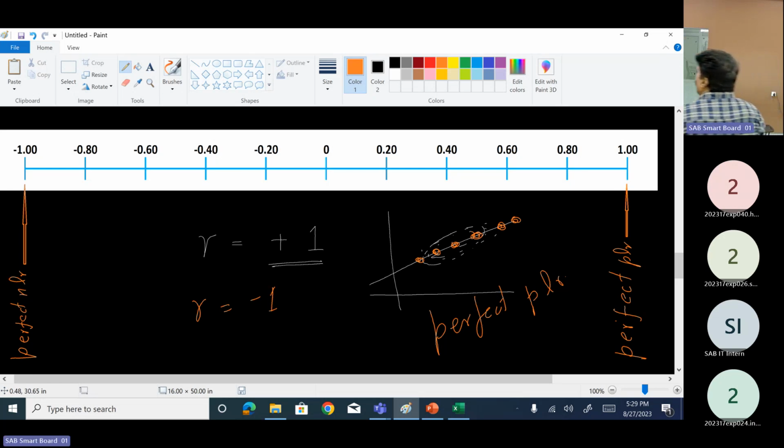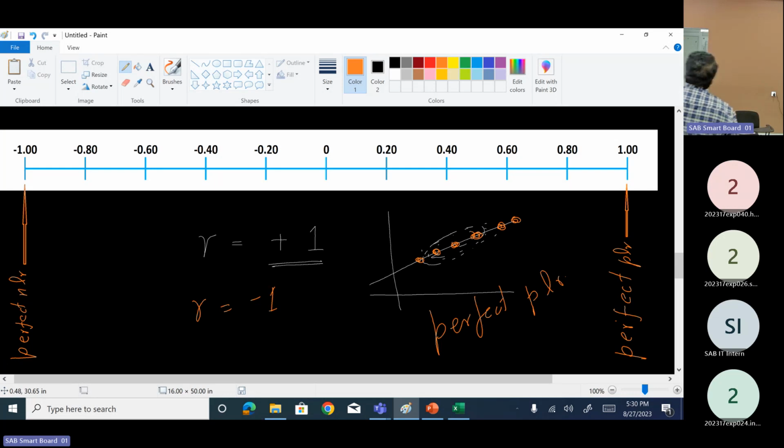Okay. So now, when R equals 1, the points are on the line. So what happens when R moves from 1 towards 0? The strength little by little reduces. R equals 1 means all the points are on the line. So when R moves towards 0 this way, the structure becomes larger and larger, right? It gets away from the line.